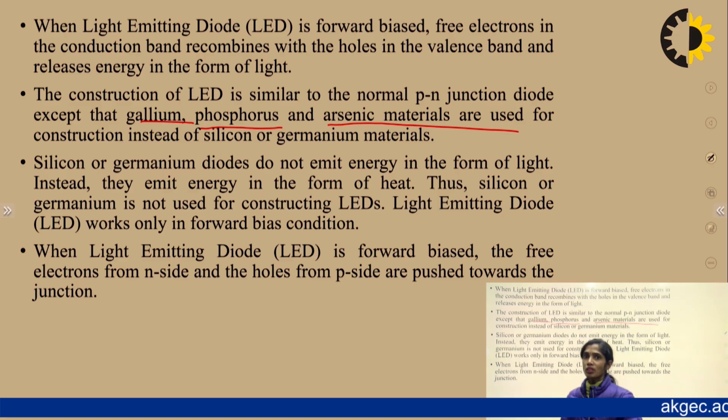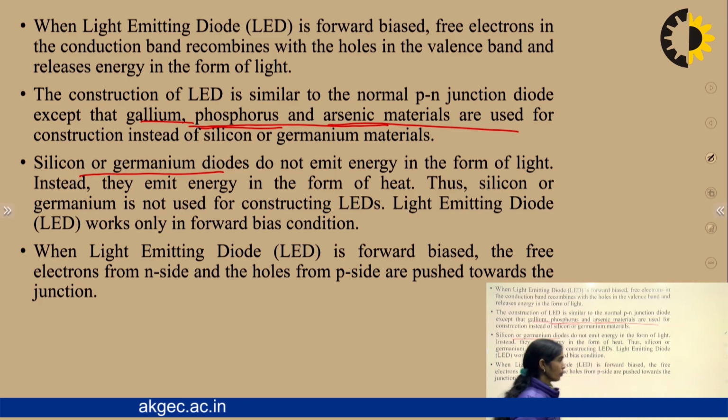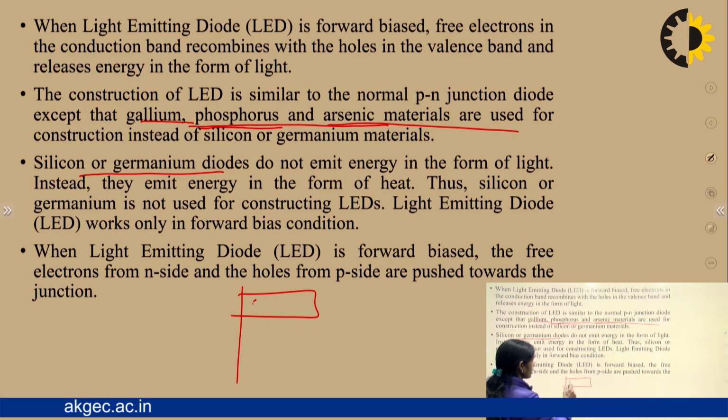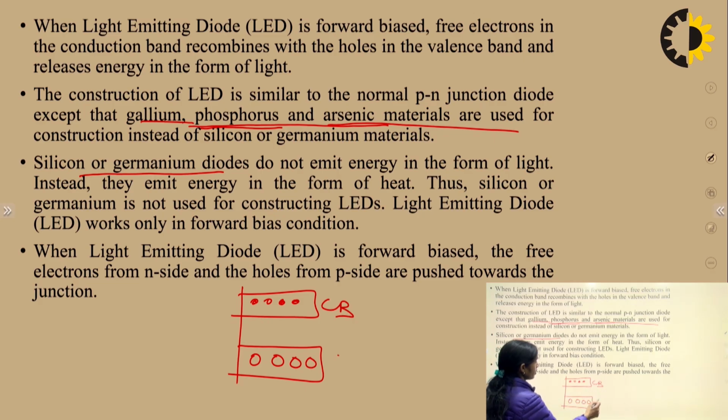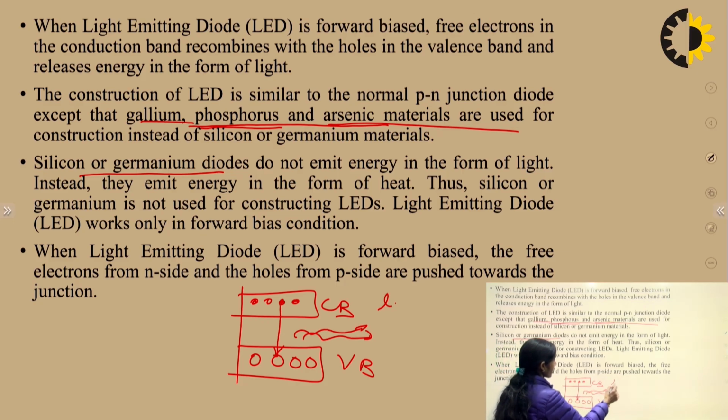These materials give a direct band gap energy, whereas silicon or germanium has an indirect band gap energy. Let us see how they emit light. When electrons in the conduction band jump to the valence band in a direct band gap material, energy is released in the form of light as well as heat.